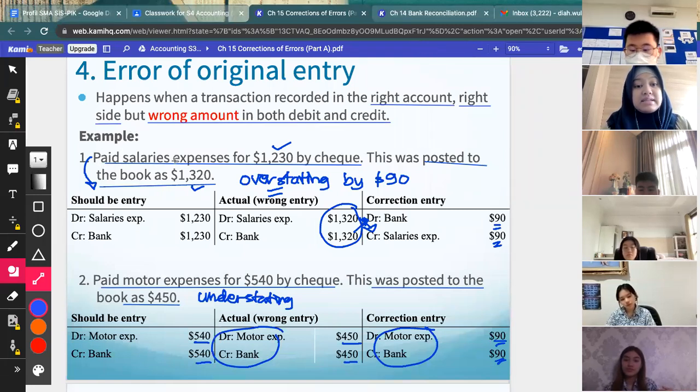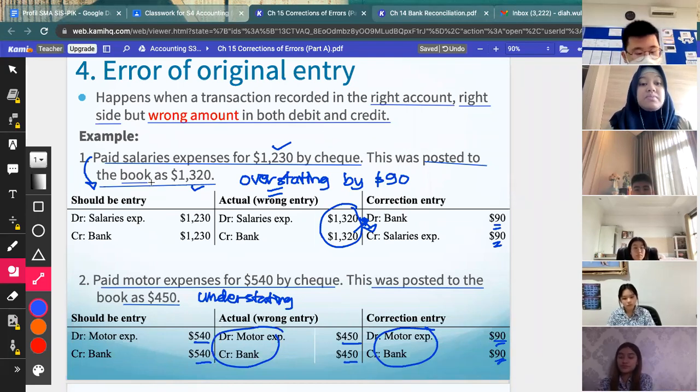Paid salaries expense for $1,230 by check. This was posted to the book as 1,320. When it says it was posted to the books, the book means both debit and credit. That's a key term that I teach you now. Please remember that.